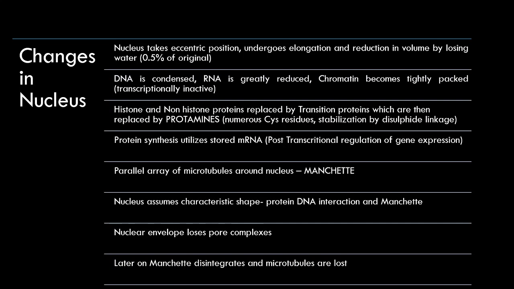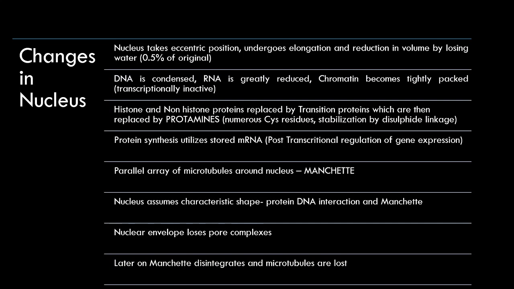When the chromatin becomes tightly packed, it is unable to transcribe any kind of RNA, so it becomes transcriptionally inactive. All the histone and the non-histone proteins that are present in the nucleus are replaced by transition proteins, which are further then replaced by protamines.